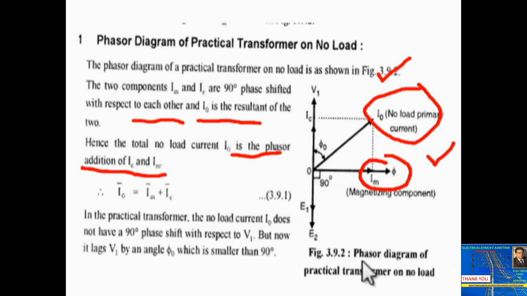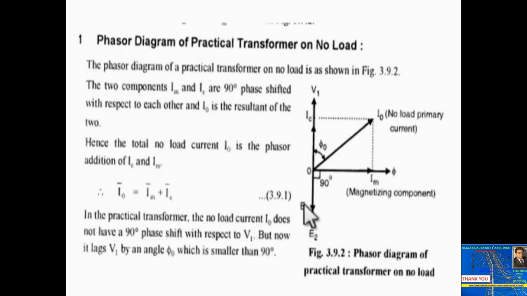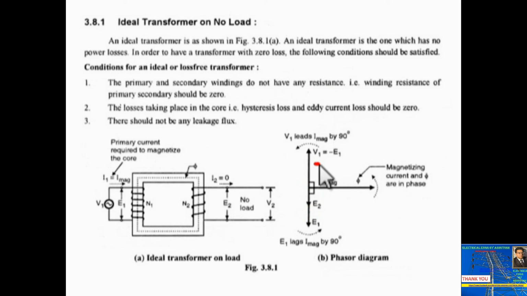Okay, so we have seen in the previous section, E1 and E2 will be induced in the primary and secondary windings, and will be drawn downward. So see here guys, E1 और E2 नीचे ही आएंगे, because E1 is back EMF, E1 always opposes primary voltage V1, so that is why E1 is downward, V1 is upward. You can also write V1 is equal to minus E1.